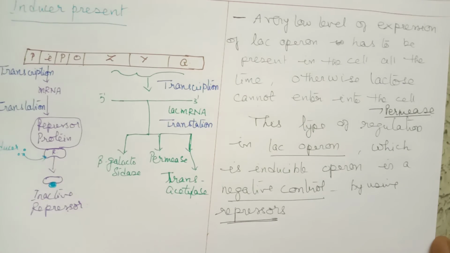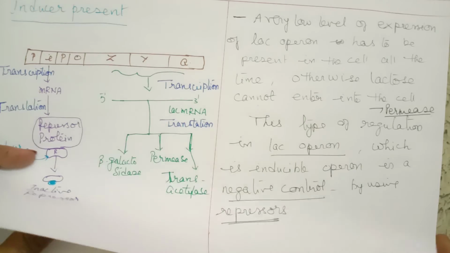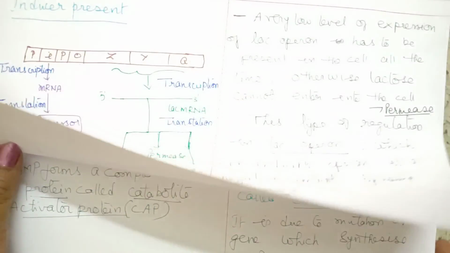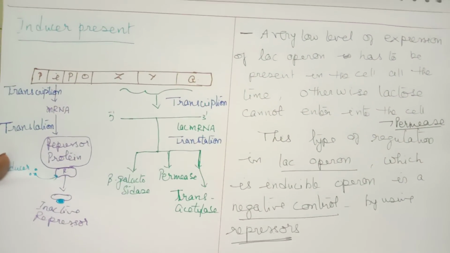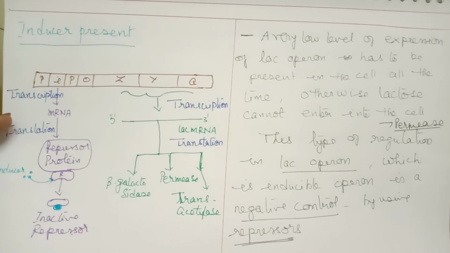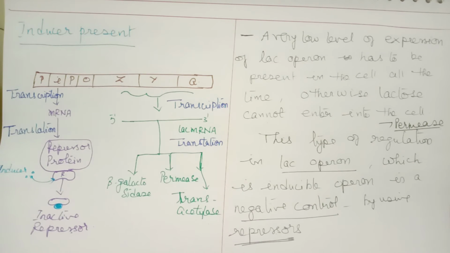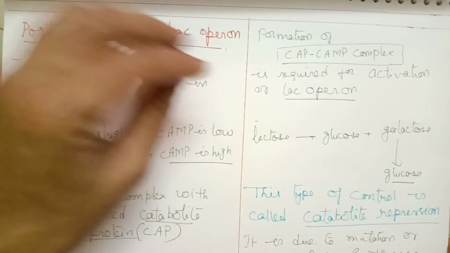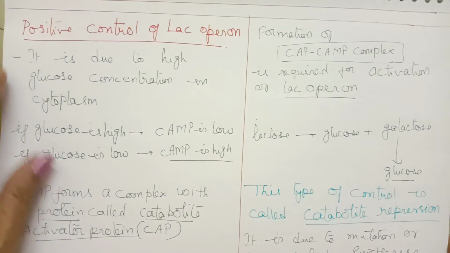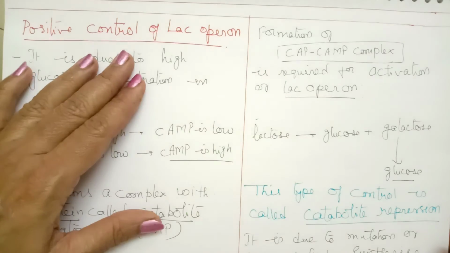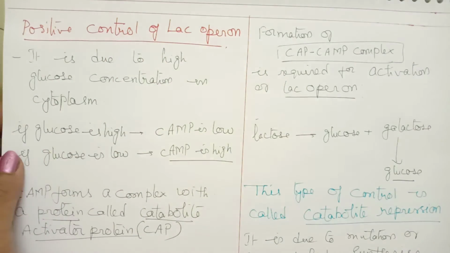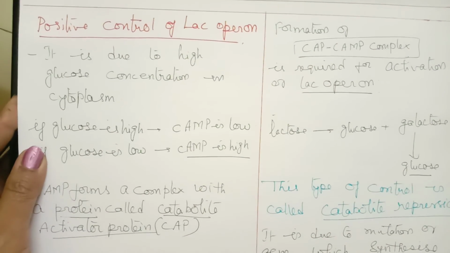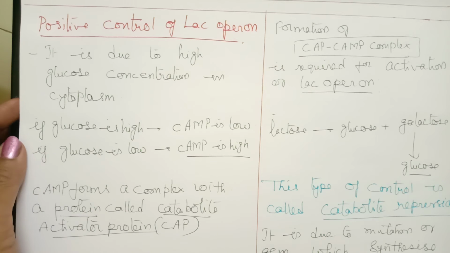There is also a positive control. Of course, it is not within the syllabus and is much beyond the level of 12th class. But for the sake of other viewers, and for the sake of the students who want to know what positive control is, because the word is mentioned in the textbook, I would like to discuss it here.